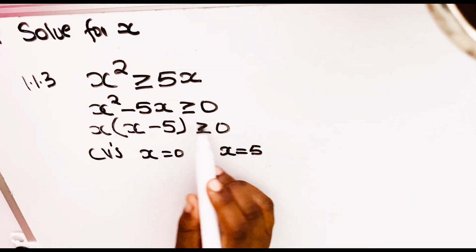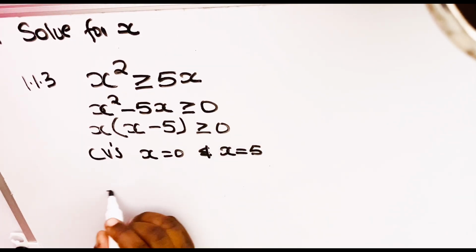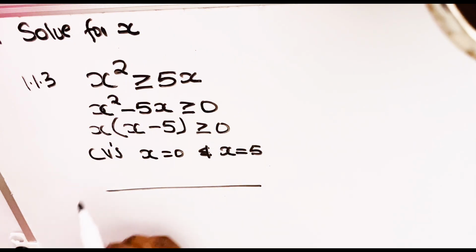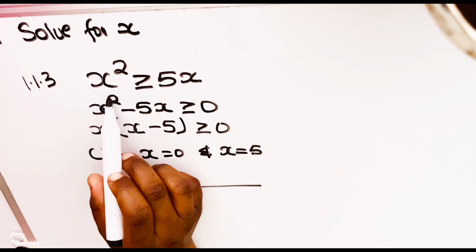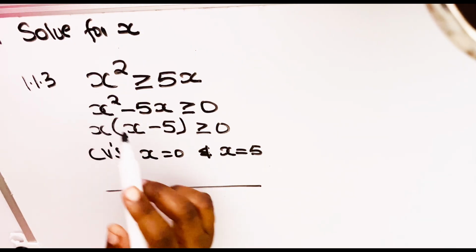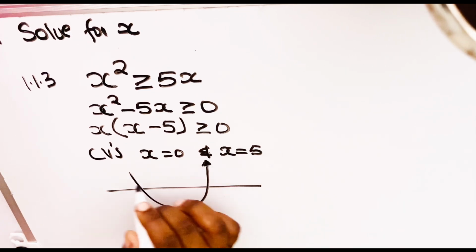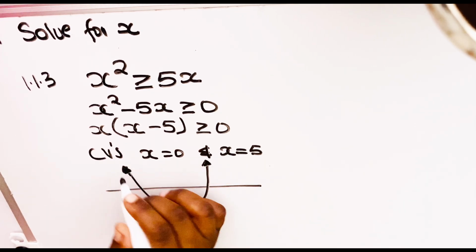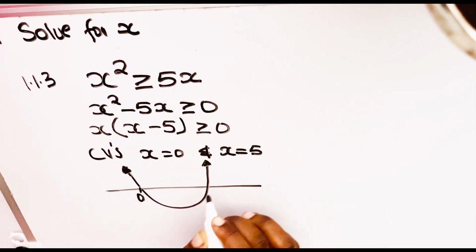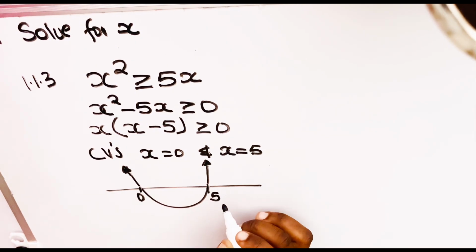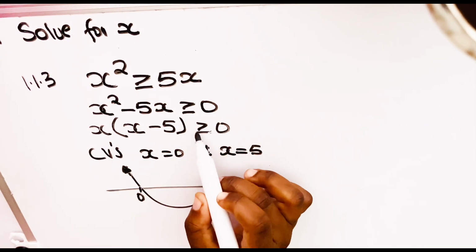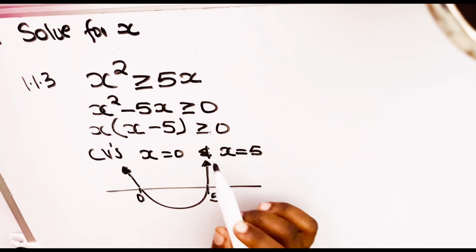To write the solution of the inequality, we'll use the parabolic method. So the coefficient of x squared is positive. So this simply means the parabola will be smiling. We have 0 here and 5. We have the inequality of greater or equals to. So what does this mean?